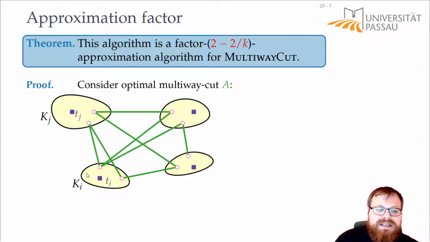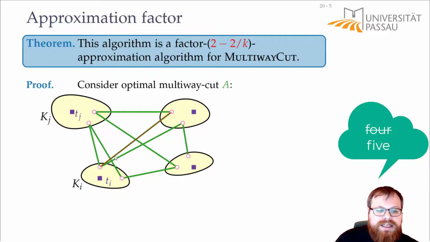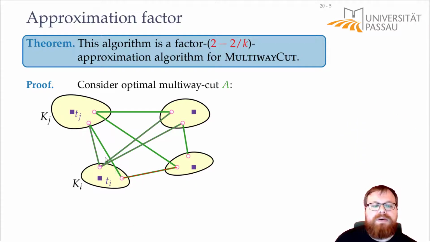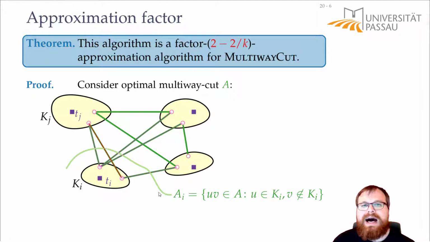So for example, here we have these 5 edges that connect the component of Ti, the component Ki, to another component. So our set Ai is exactly these 5 edges. It's all the edges in A, such that one vertex lies in Ki and the other one does not lie in Ki. We do the same for all the other terminals, so we get also the set Aj here.